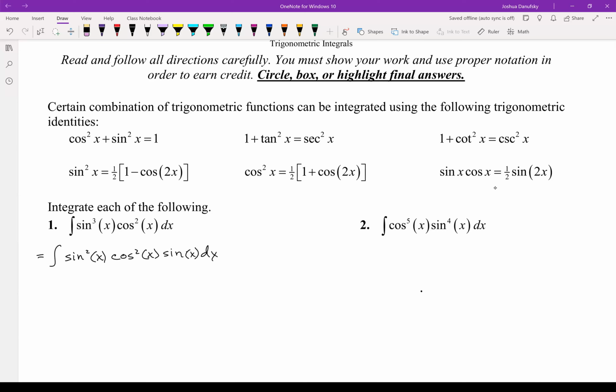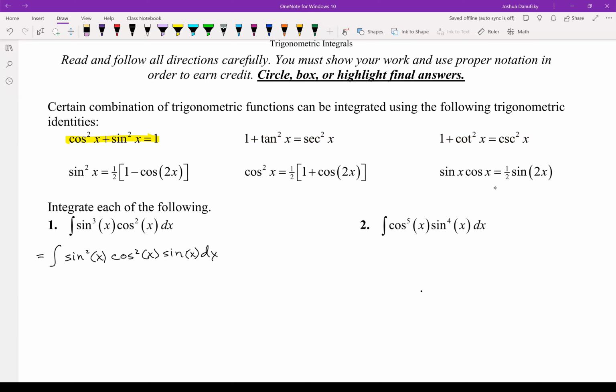And so what's going to happen with many of these problems is we're going to use some version of the Pythagorean identity, as you see up here, in order to replace sine with some form of cosine, right? Sine squared becomes 1 minus cosine squared from this, or do something similar with tan squared and secant squared, or cotangent squared and cosecant squared.